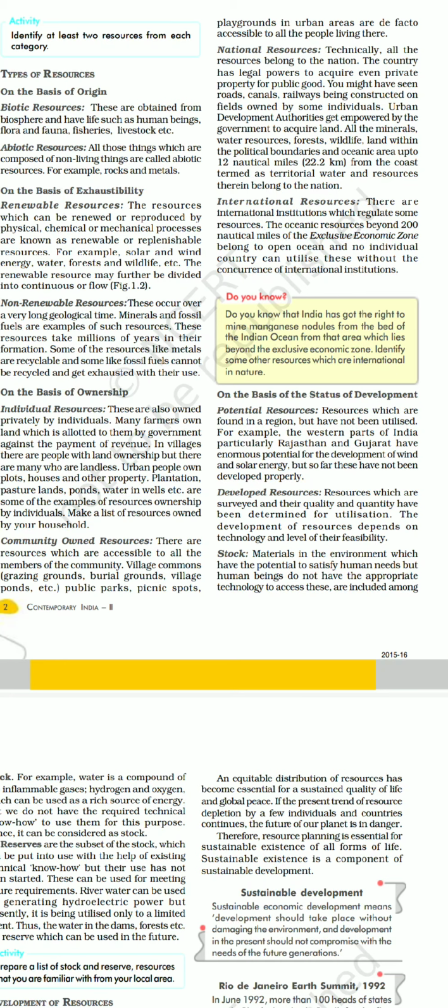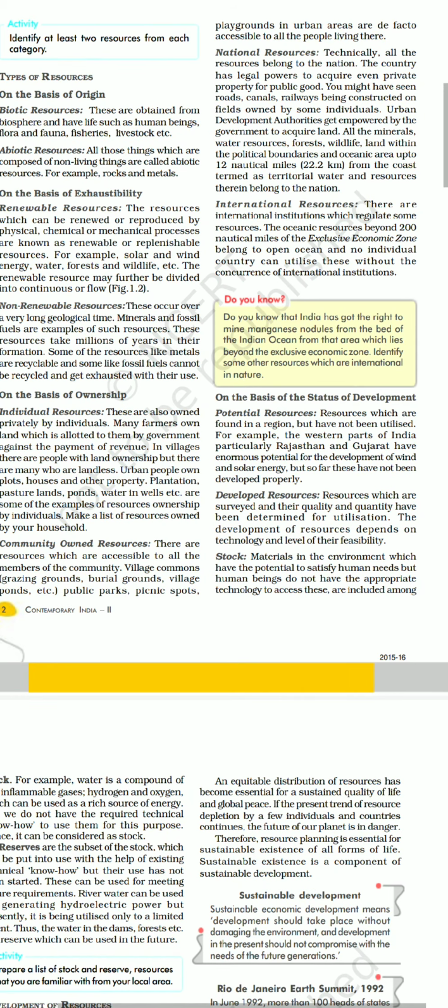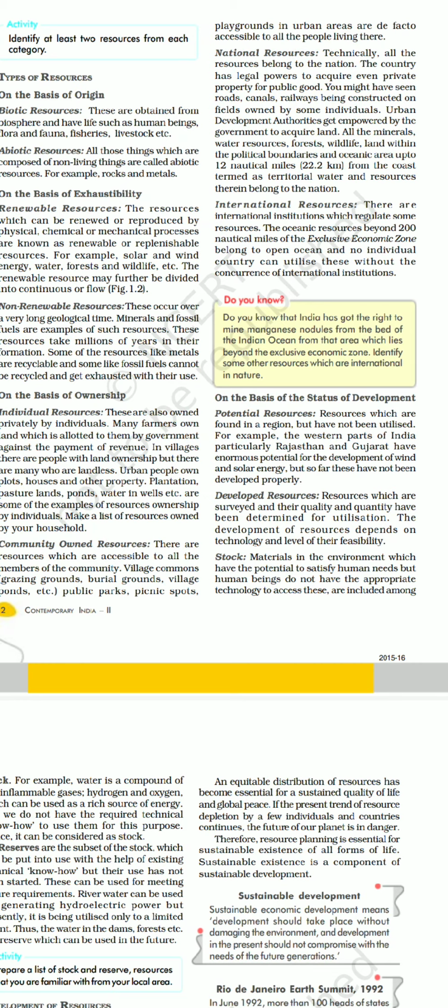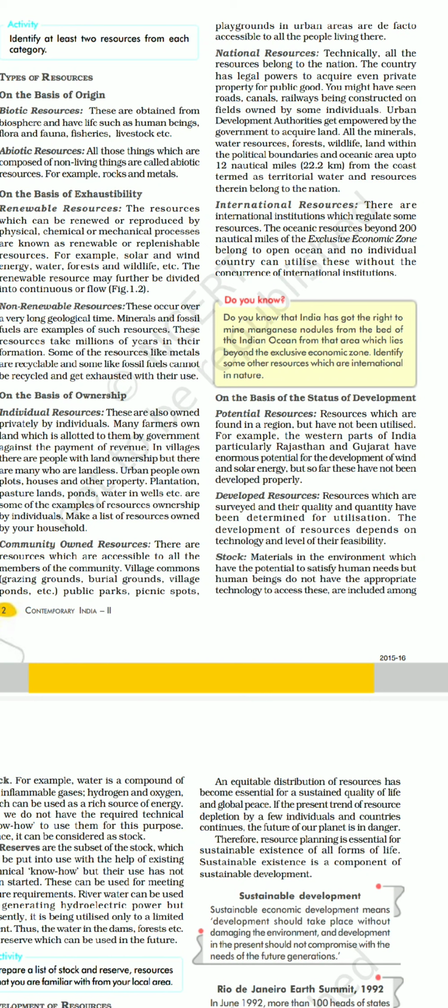Similarly, materials in the environment which have the potential to satisfy human needs, but we don't have the appropriate technology to harness them, are known as stock. For example, hydrogen and oxygen are two gases which can be combined to make water, but we don't have the technology to harness it.